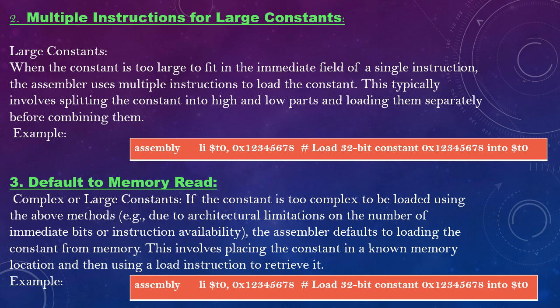The third is default to memory read. What if the constant is complex and even large? If the constant is too complex to be loaded using the multiple instruction method, the assembler defaults to loading the constant from memory.